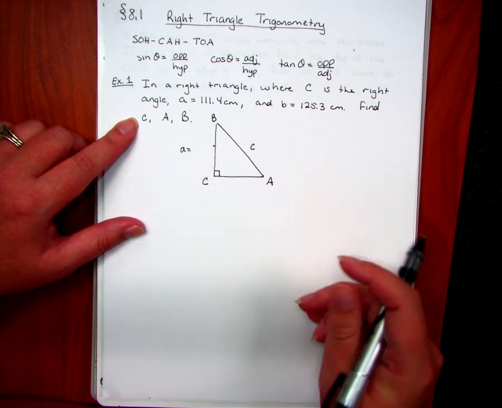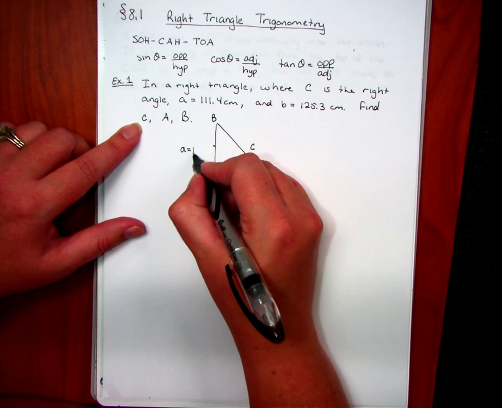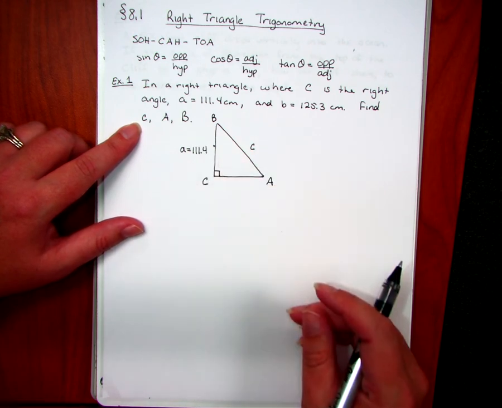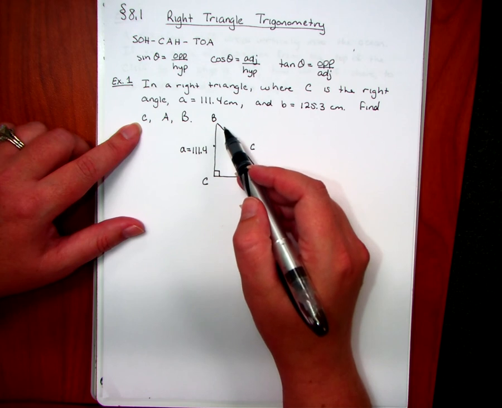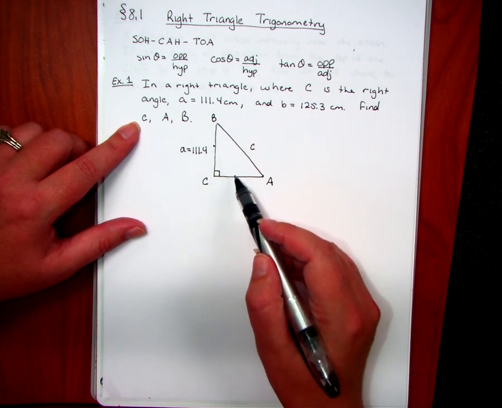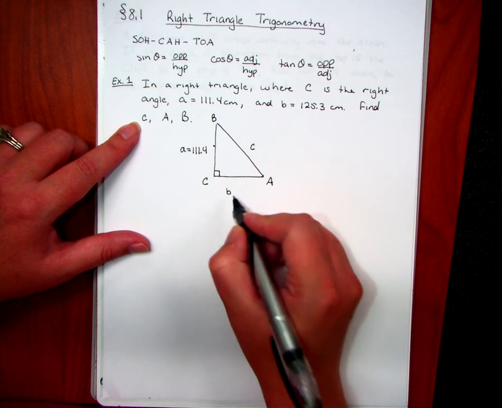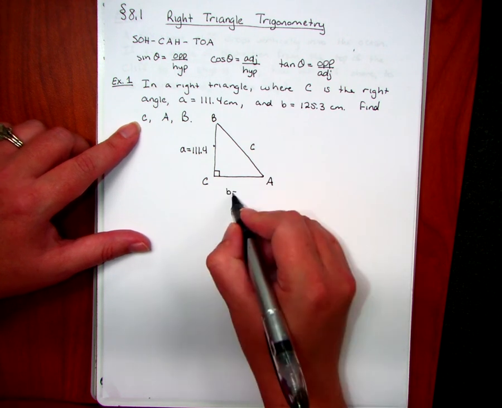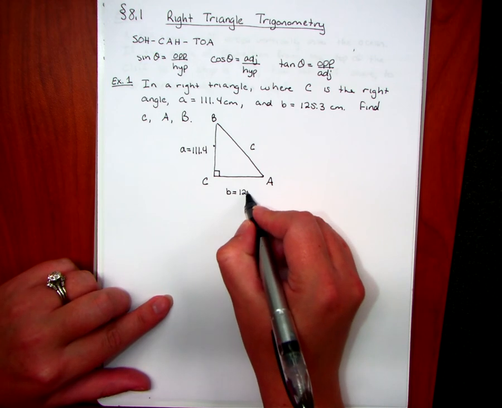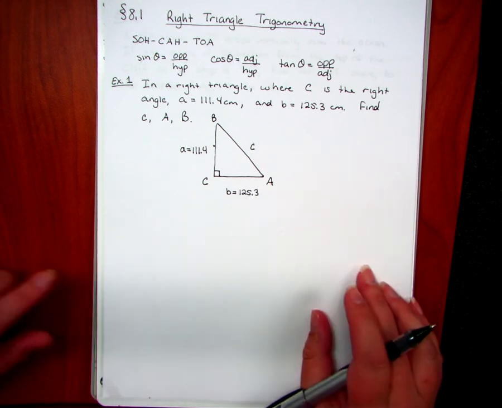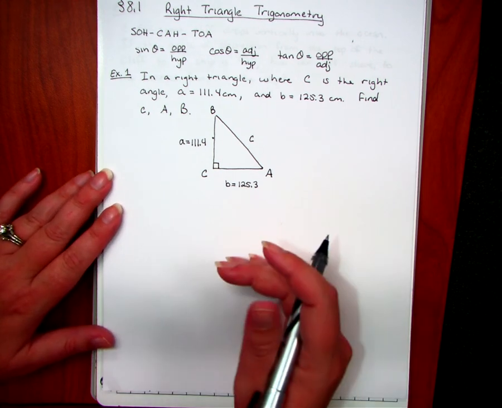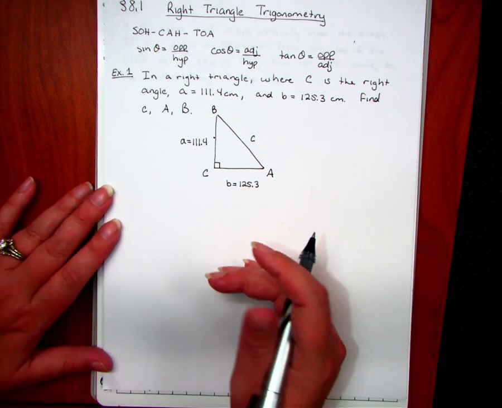And we were given the measure for little a. Little a is 111.4 centimeters. Right? So then if angle B is up here on the top, then the side opposite that angle B is what we're going to label side little b. And little b was given to be 125.3 centimeters.